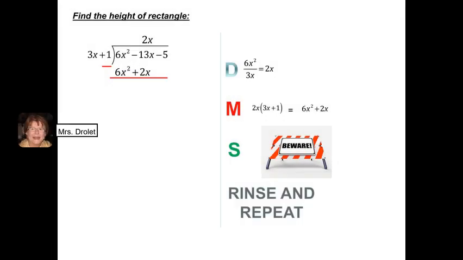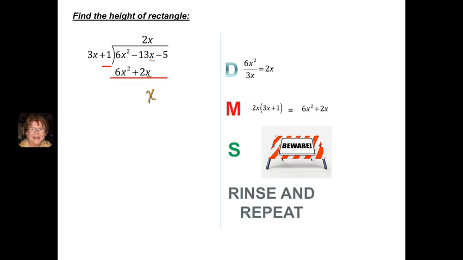Beware when you subtract. 6x squared minus 6x squared is 0. So we're all right with that. This is what I recommend. You're subtracting. You must subtract only when you have like terms, and you keep that like term. So place that like term.